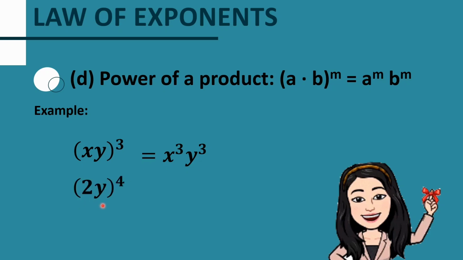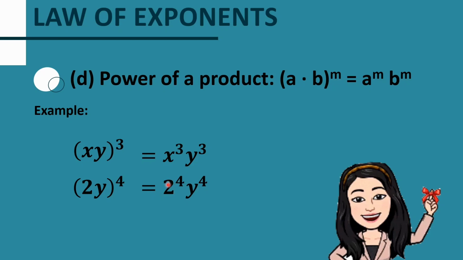When 2y is raised to the power of 4. So we have two terms here, the 2 and the y. So that is equal to, yan, distribute natin si 4 kay 2. We have 2 raised to the 4th power and then y raised to the 4th power.